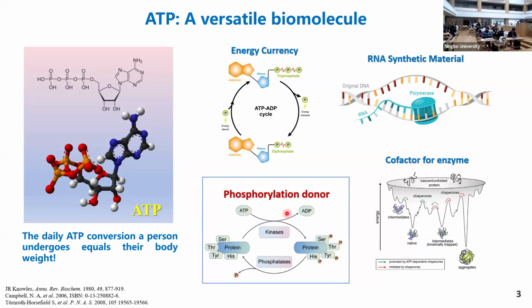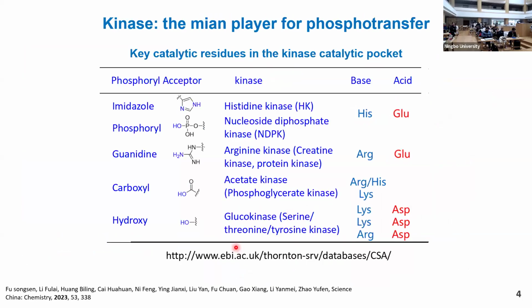This is the key point of this topic. How does ATP act as a phosphorylation donor? Actually, the kinase is the key player, the main player for phosphoryl transfer in a life system, okay?